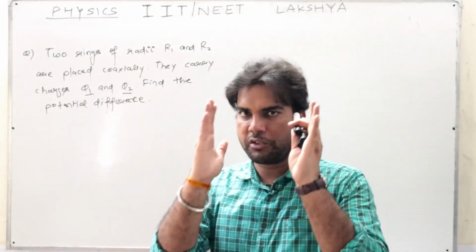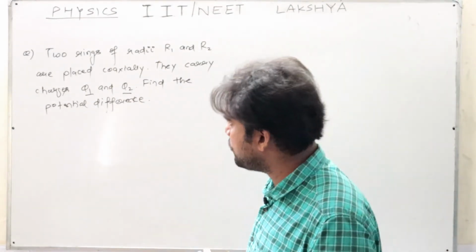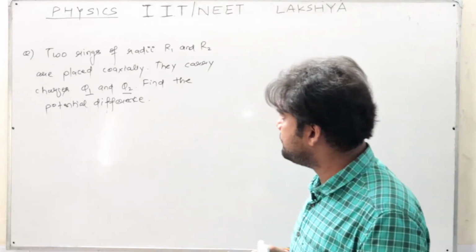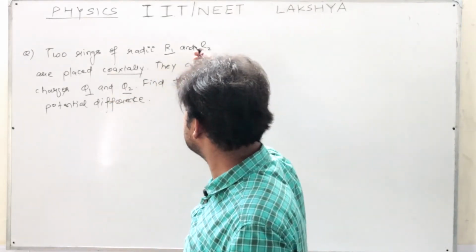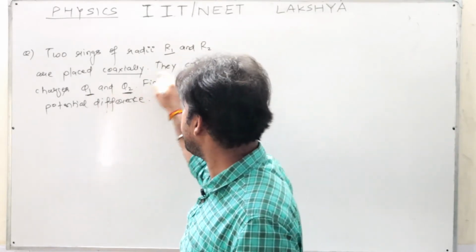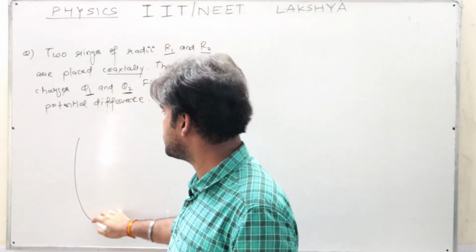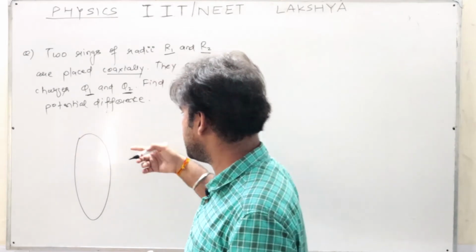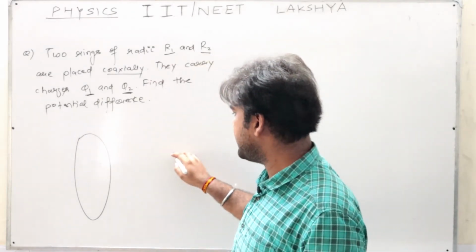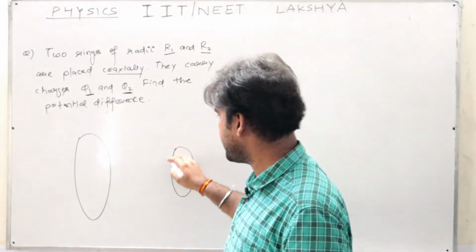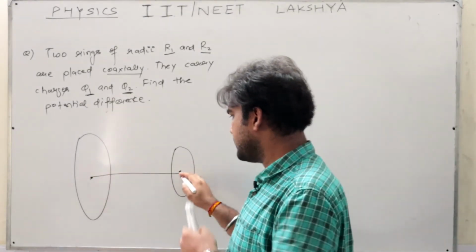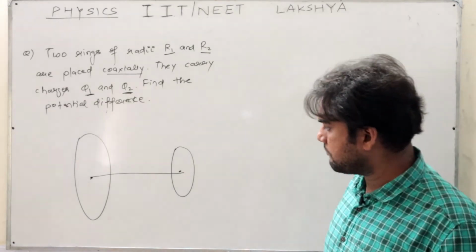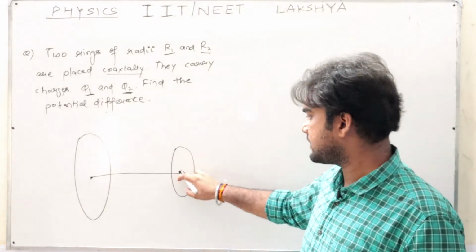Here the distance between them is not given, but we can assume some x. So observe here, rings are placed coaxially carrying charges Q1 and Q2, and radii are R1 and R2. So we can assume something like this. Let us say this is ring 1 and this is ring 2, and they are placed coaxially, meaning their centers lie on the same line, same axis.